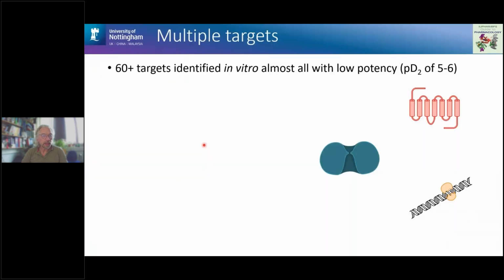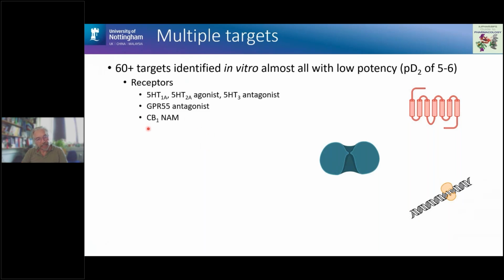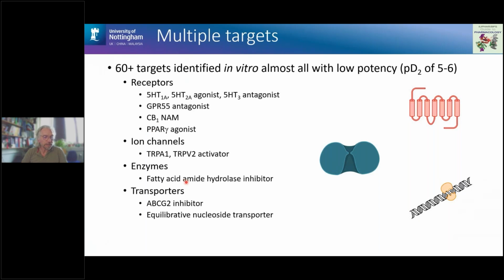So we've got around about 60 or 70 targets that people have identified in vitro that CBD can interact with. And these vary from a variety of receptors, modulating serotonin receptors, a couple of orphan receptors, possibly acting as an antagonist at the CB1 receptor, so modulating the effects of THC maybe, and that has an attractive logic for consumers of cannabis, but also a bunch of other ion channels, enzymes, and transporters.